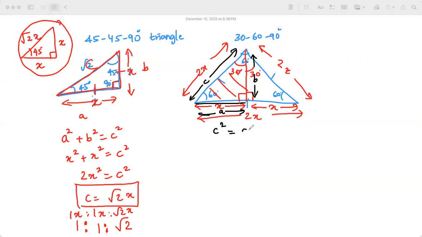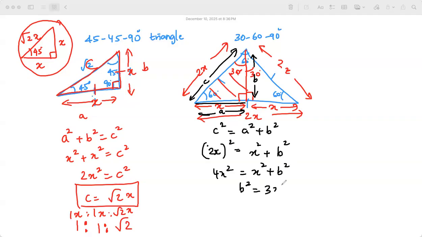So c square will be equal to a square plus b square, but c square we already know: 2x the whole square. A square will be equal to x square, but b square is what we don't know, that we need to find in terms of x. So 4x square will be equal to x square plus b square. B square will be equal to 3x square. B will be equal to root 3x.